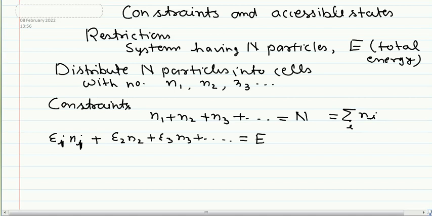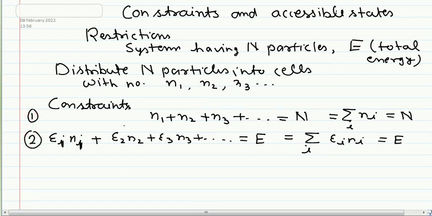Total energy of the system will remain constant. So we have to divide this total energy among different cells as e1 n1, e2 n2, e3 n3. And in the summation form, this can be written as summation over i, ei ni, and that should be equal to total energy capital E. So these are the two constraints. This is the first constraint and that is the second constraint.